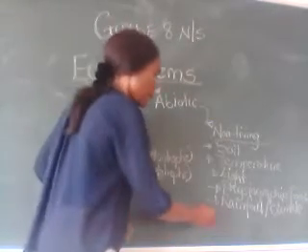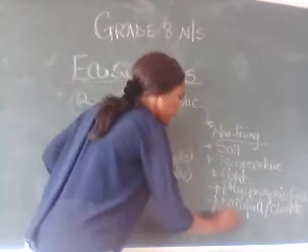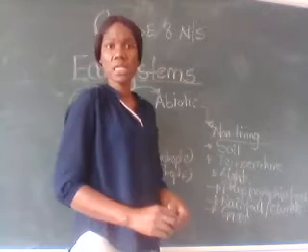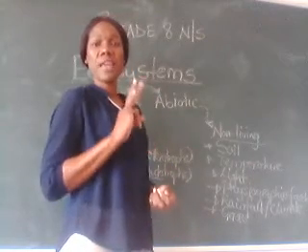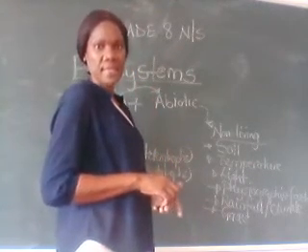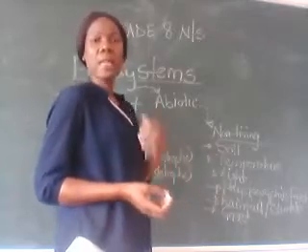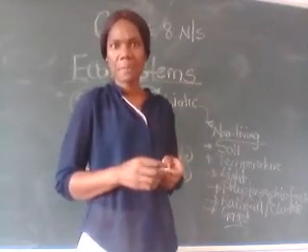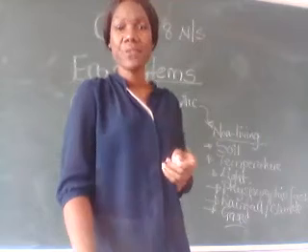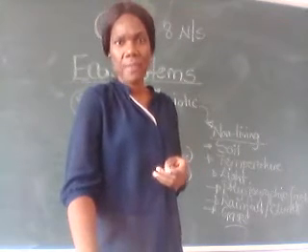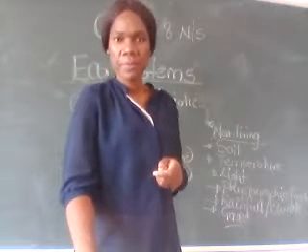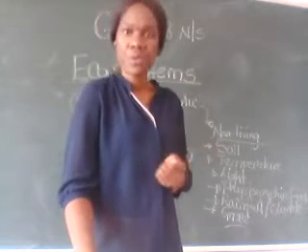Then the other abiotic factor is gases. It is very important to note that there are three very important gases that organisms need. The atmosphere is a mixture of gases, but of these gases, we have oxygen, which is a raw material for respiration.